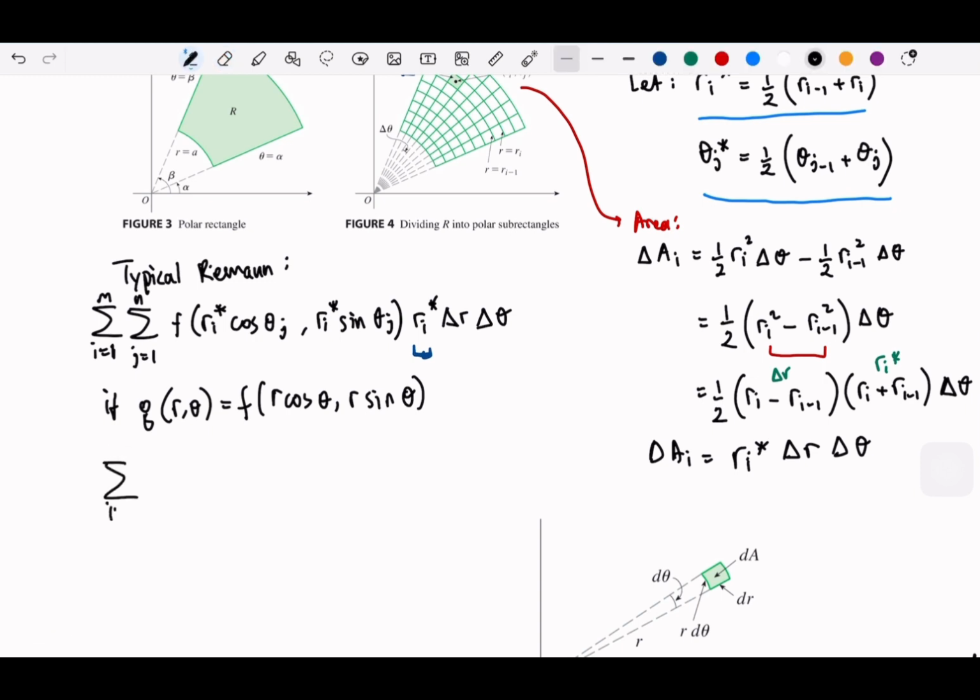So we can start to write in terms of g. The asterisk means it's a sample point. You could pinpoint any place in the region. Okay, that's what that means.